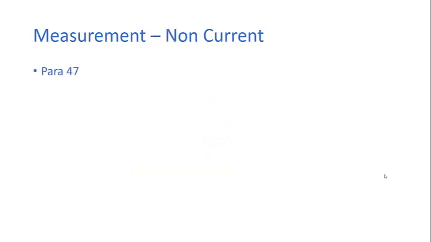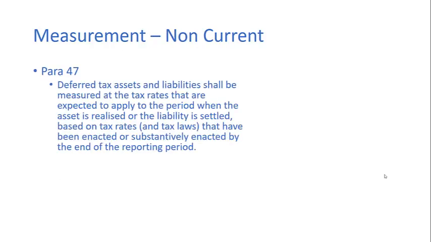Non-current tax amounts, be they either tax liabilities or tax assets, are calculated as the amount that you expect to pay based on the tax rates that have been enacted or substantively enacted at the end of the reporting period. So quite obviously, if we have a reduction in the tax rate, then that's going to reduce the amount of tax that you have to pay, and that will reduce a deferred tax liability or asset. So it's adjusted to reflect changes in the tax rate.